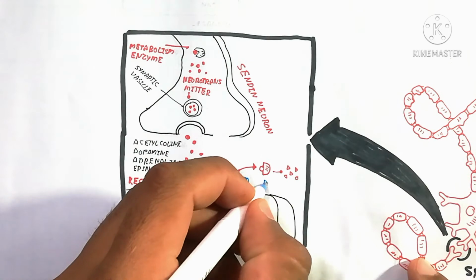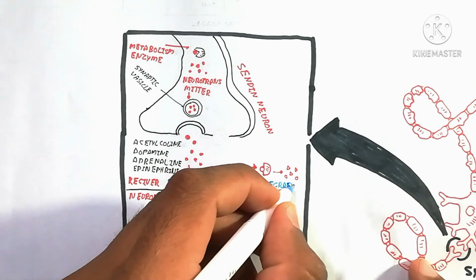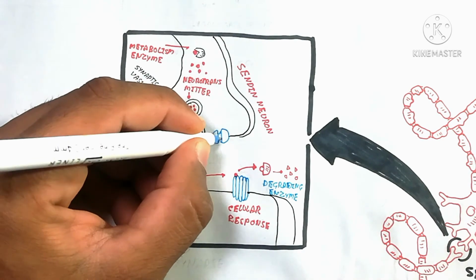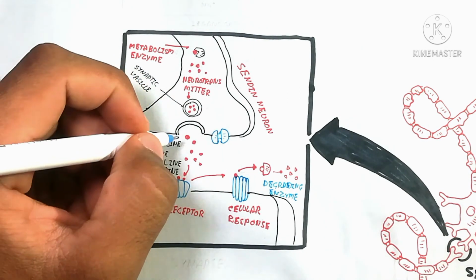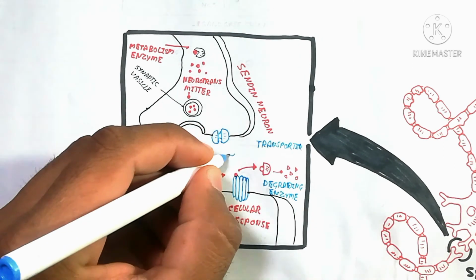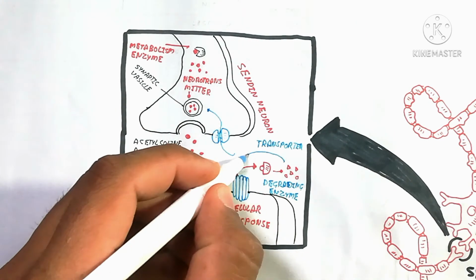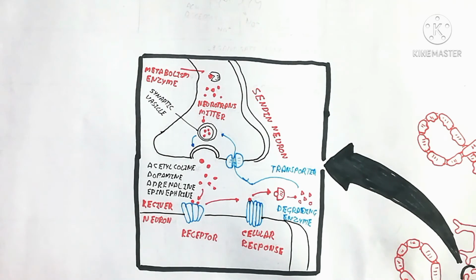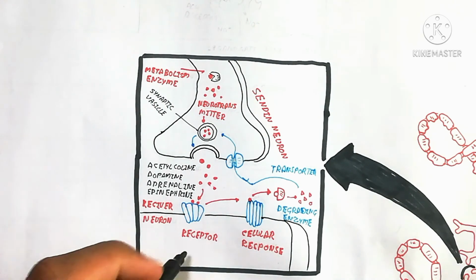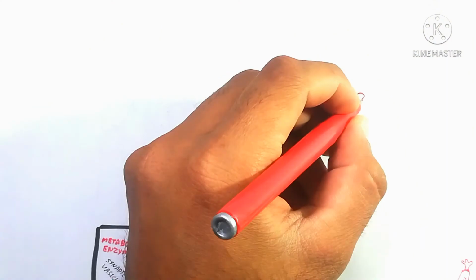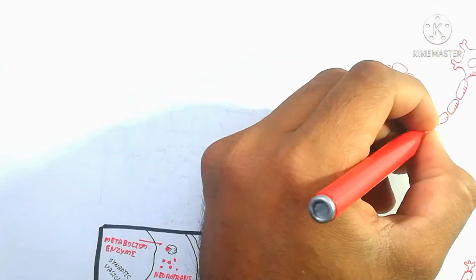After the action potential, acetylcholine will be converted by the degradation enzyme into choline and acetyl CoA, and this choline will go backward into the neuron's knob, and again will be converted into the neurotransmitter acetylcholine. For example, I am not discussing all neurotransmitters; here acetylcholine is the important one for understanding. So the acetylcholine transferase enzyme is used to bind again.